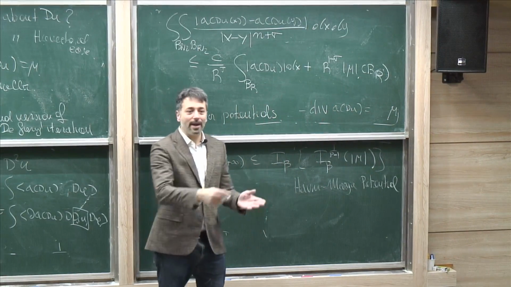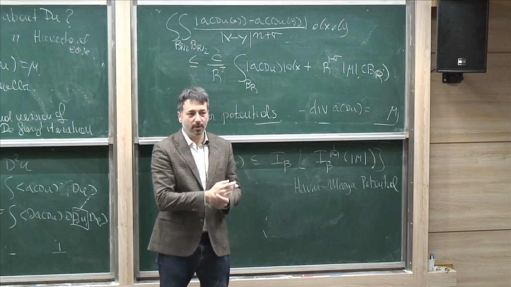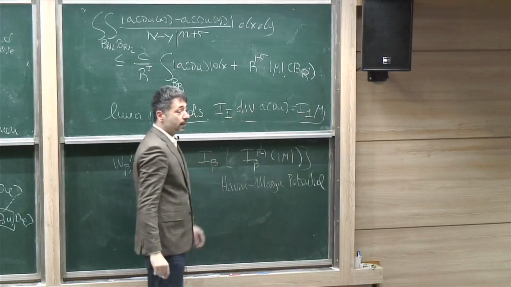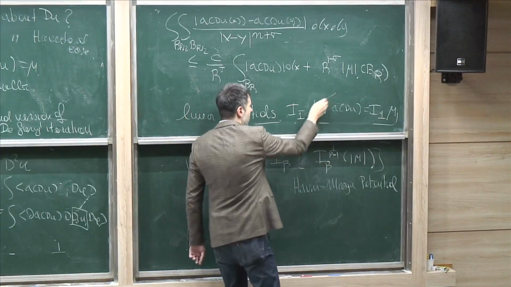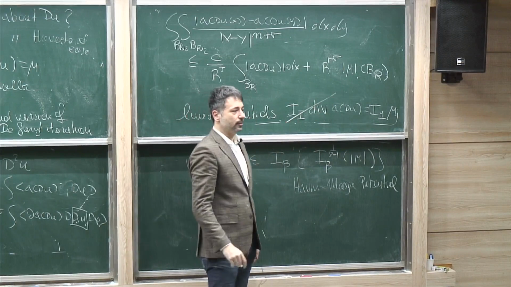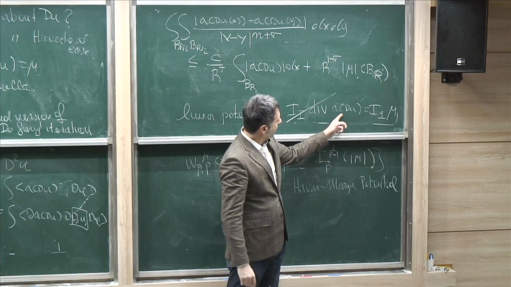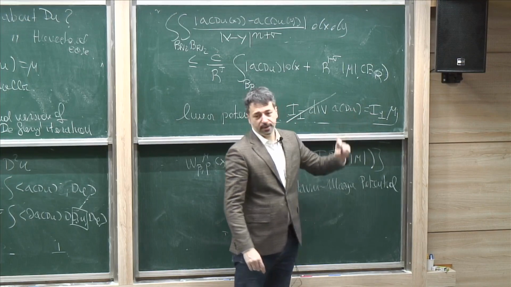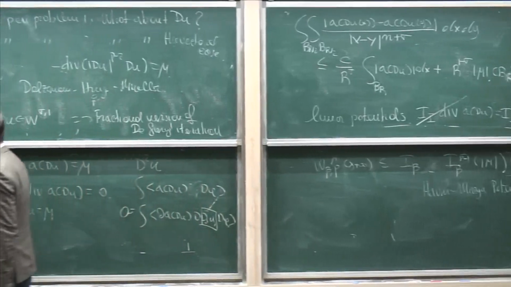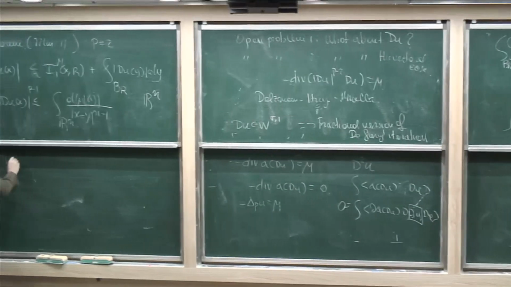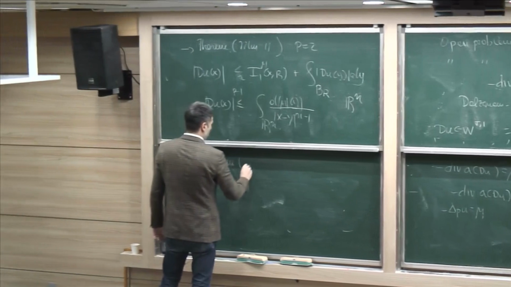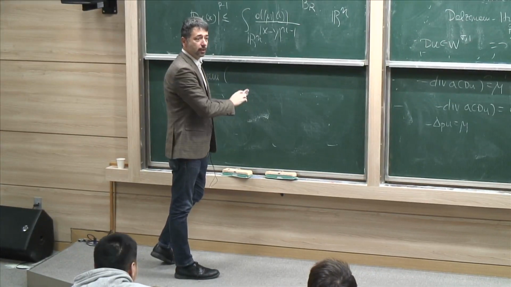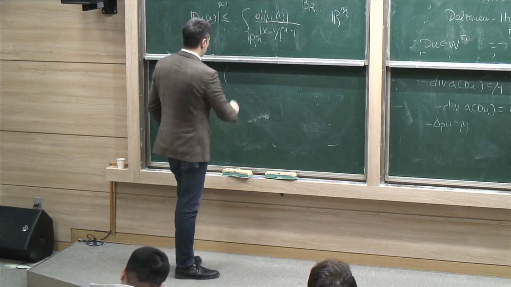You formally apply the Riesz potential to both sides. But the Riesz potential is an integration, so it formally cancels a divergence, and the equation is telling you that you should be able to estimate A of Du by the Riesz potential. And that's the content of two papers: for p less than 2, by Duzaar and myself, and for p larger than 2, which is the most delicate case, by Kuusi and myself.